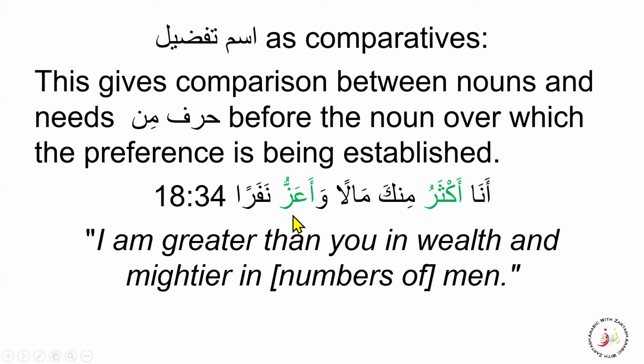The ain kalima and lam kalima are combined here, and the root letters are ain, zal, and zal. You can see here it is a'azzu, and this is how we get this word.